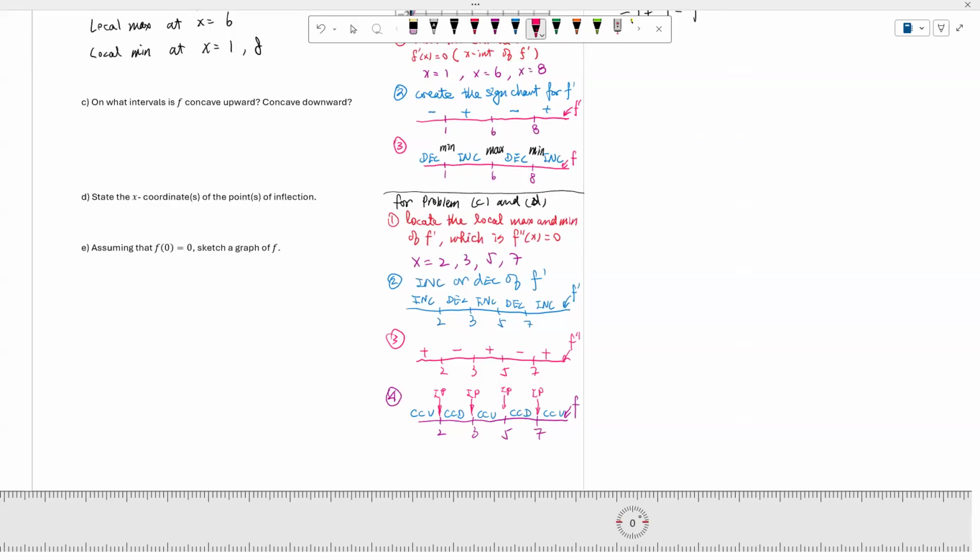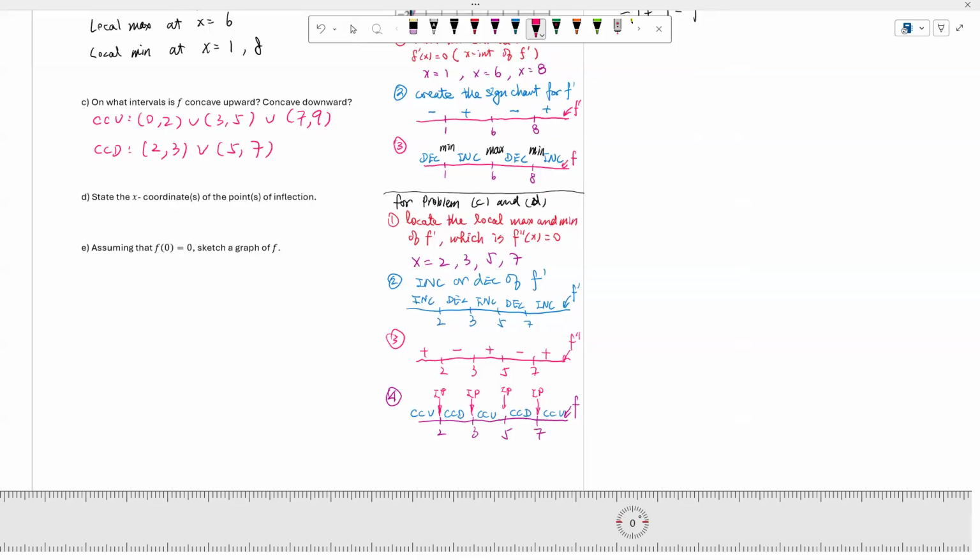And now we could actually answer our questions for C and D now. Okay. So we're looking for concave up, then this interval is between 0 and 2, union with 3 to 5, union with 7 to 9. And then concave down in between 2 and 3, union with 5 to 7.